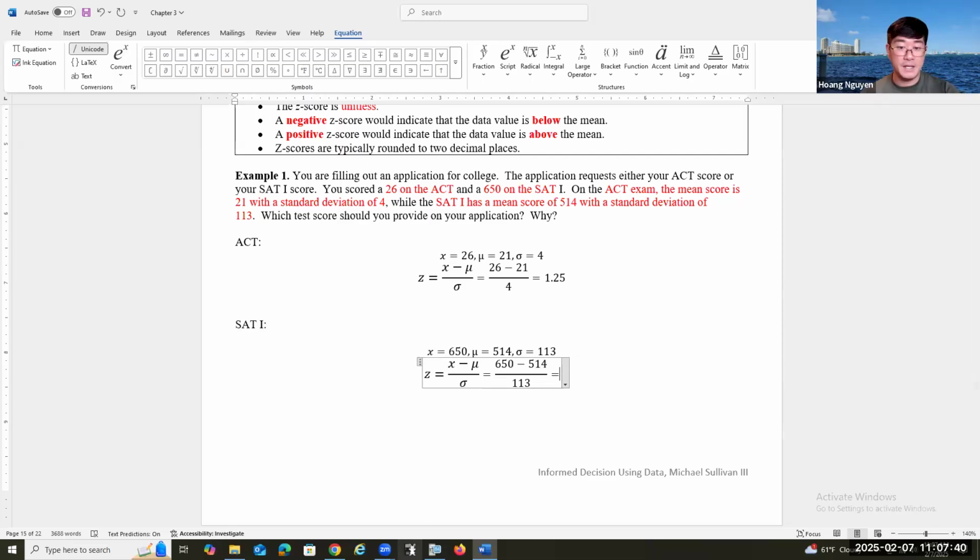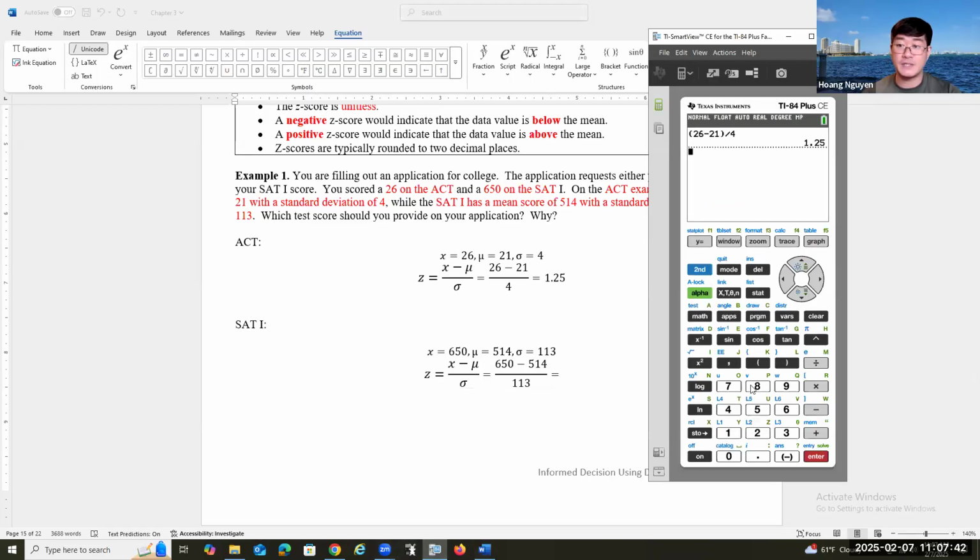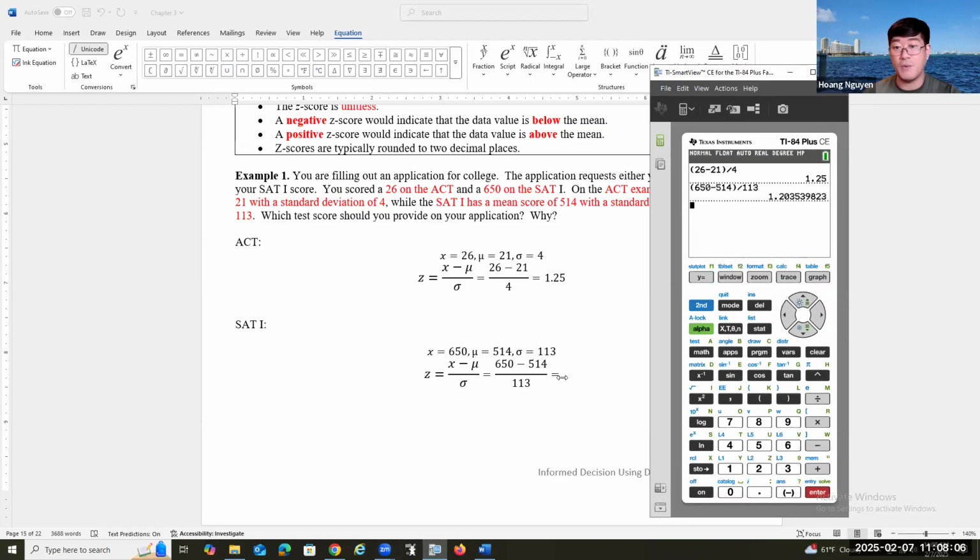Let's use our calculators and see what the answer is. It's 650 minus 514, divided by 113. So it's about 1.20.